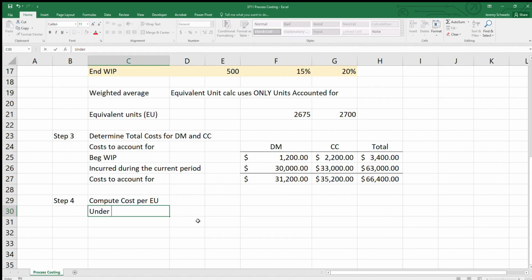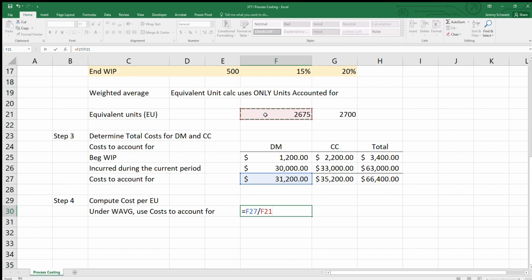Under weighted average, use cost to account for. Use the total. So we're going to use this 31,200, divide that by the equivalent units of 2675. This gives us $11.66 per equivalent unit.